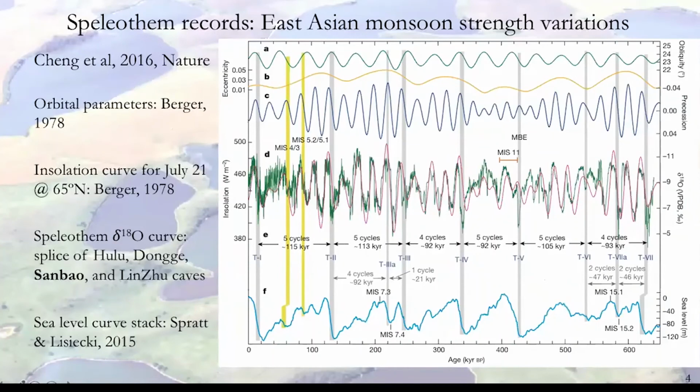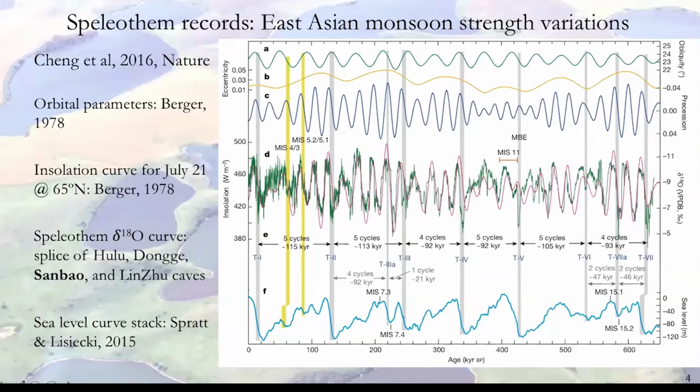I'm showing one from Hai Cheng's 2016 paper and his co-authors, from East Asia monsoon regions, where one dominant factor affects precipitation amount. The green curves in panel D are a splice of multiple caves affected by East Asian monsoons, and they show good correlation with insolation curves.